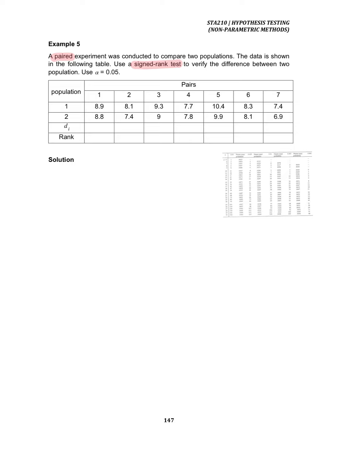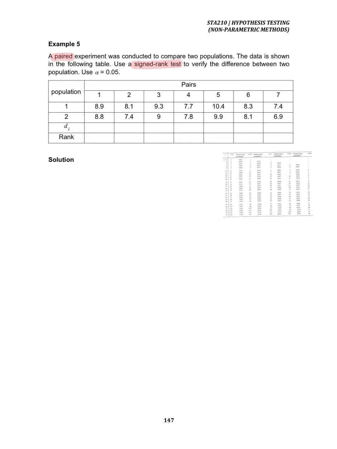Use alpha equals 0.05. So we have two populations here, and we have 7 pairs here, and their data.